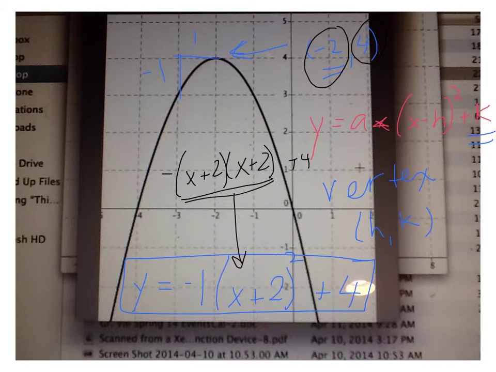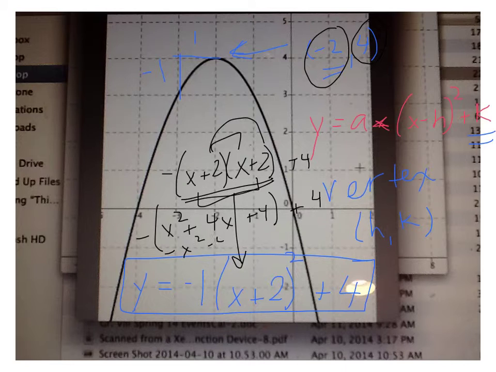So this part here will give you a trinomial, because you're going to get your x squared, plus 2x and 2x is 4x, and then +4, and then the whole thing +4. Then I could distribute this negative. I get -x squared minus 4x minus 4 plus 4. That drops out, and this is what my equation is: y equals -x squared minus 4x.